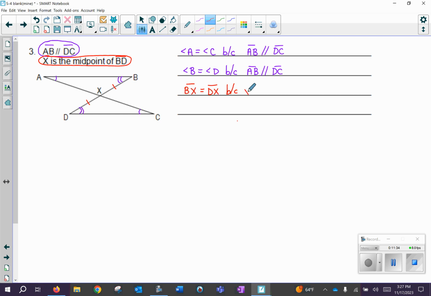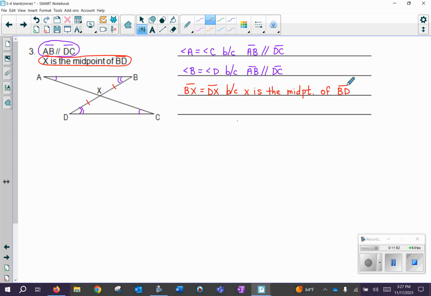So you can say X is the midpoint. You can abbreviate a little bit, no more than that. Mid PT. It's the midpoint of segment BD.